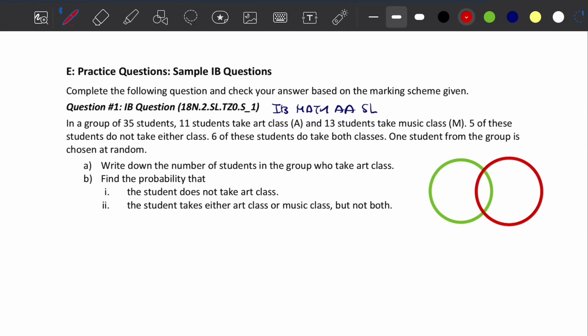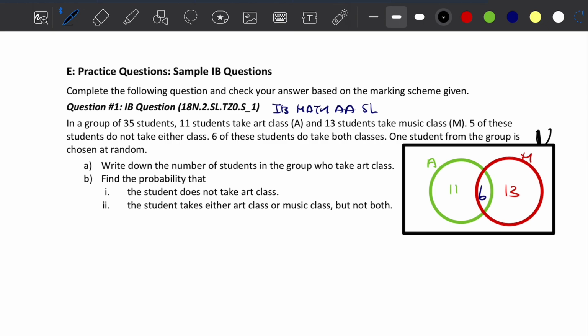So let's say we have music here, we have art, and 11 take art, 13 take music, and 6 take both, right? And we're going to have a sample space U. 5 students do not take either class. That means 5 goes here.